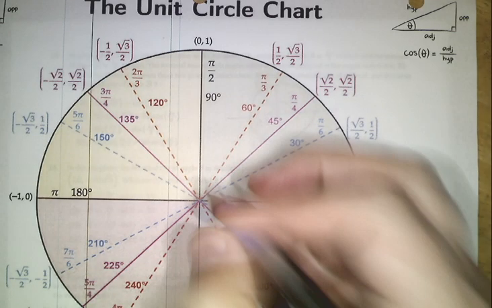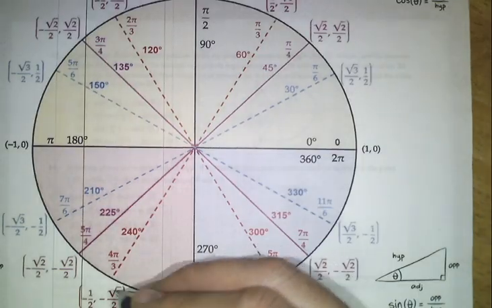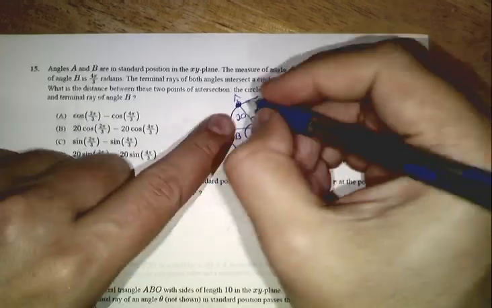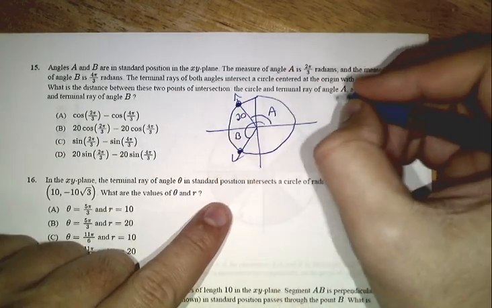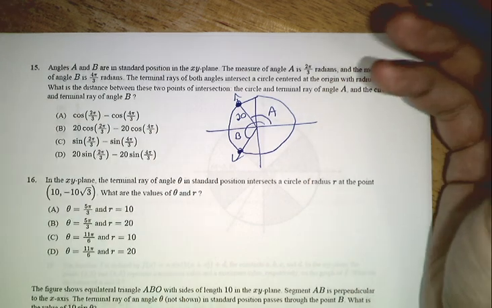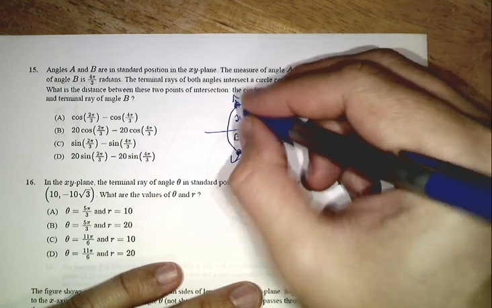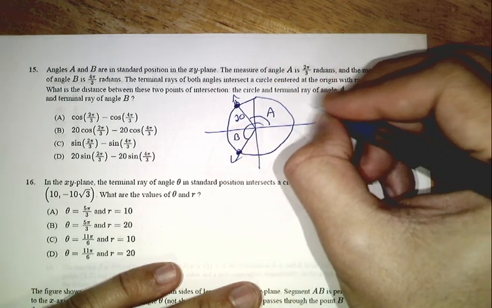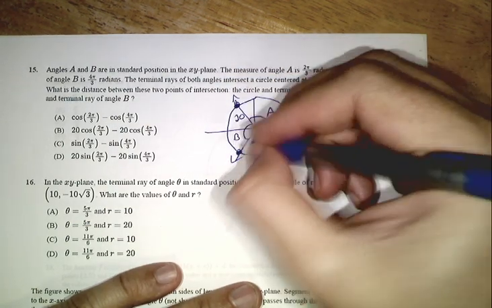We just have to do y2 minus y1. Since the x values are the same, they're going to cancel out. Really, the distance formula is the Pythagorean theorem, but we'll get to that in the future. But now, just the distance between these two. The x values are the same, so we do sine.